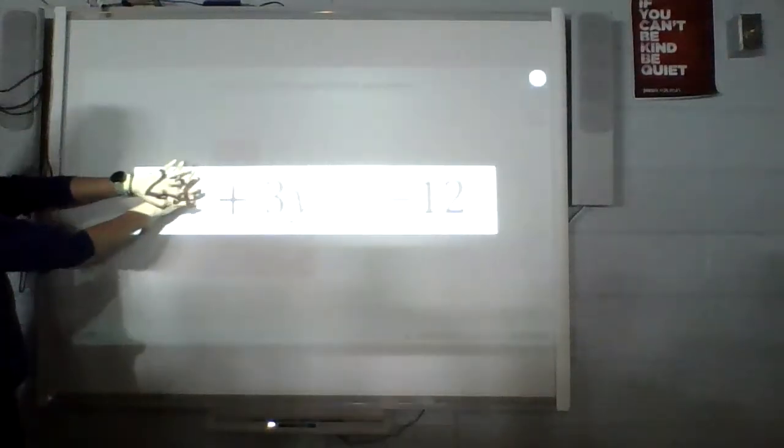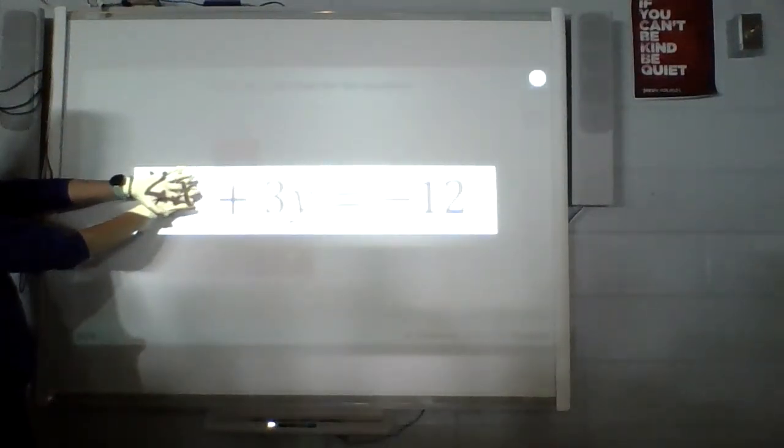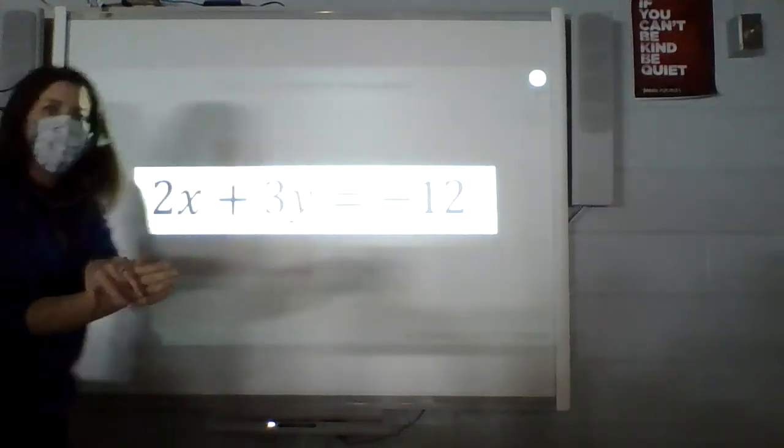If you want to try this method, you basically cover that up. So you get 3y equals negative 12, so y has to be negative 4. Hard to see, sorry, guys.